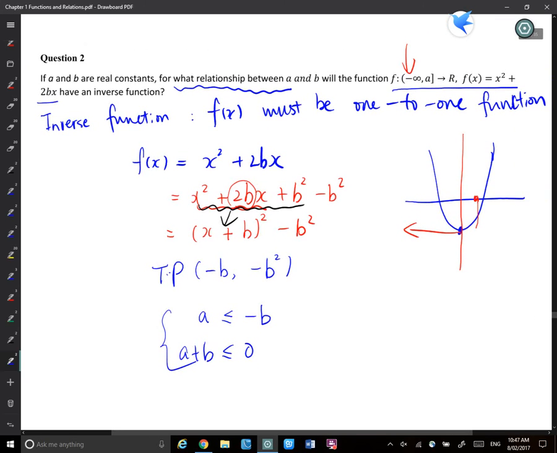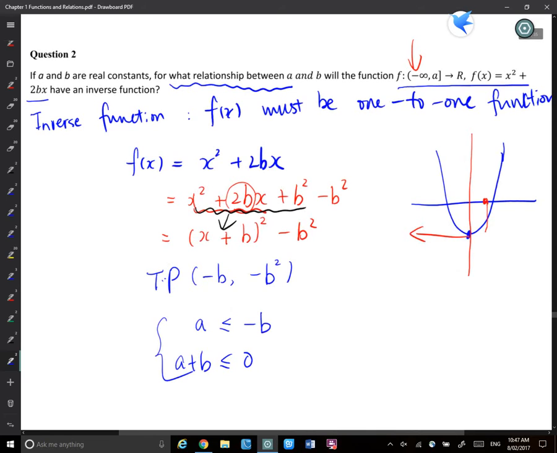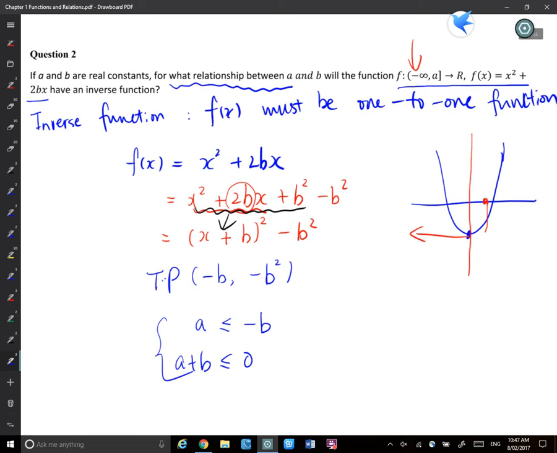Okay, so that's question 2. Question 2 is not asking for a specific value, it's asking for a relationship. If it's a relationship, you talk about how large or how small, or that the sum should be smaller than 0 or greater than 0. That's the relationship between a and b.